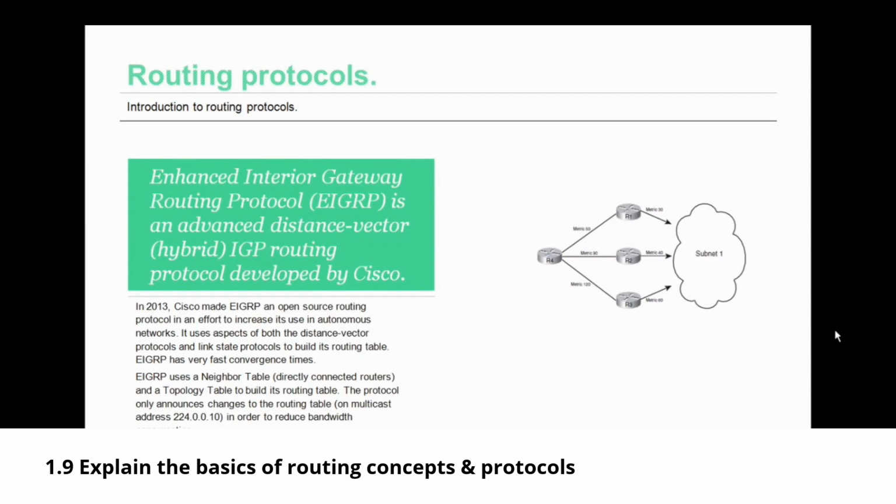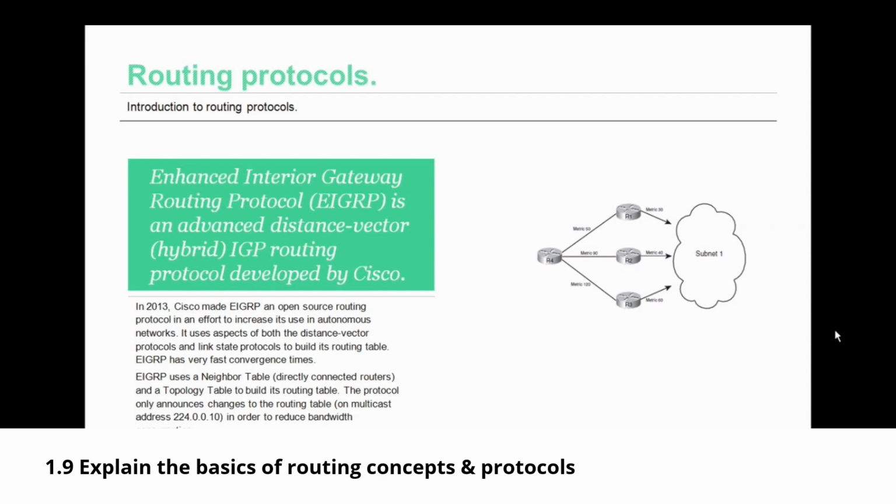As a special mention, I'm going to talk about Enhanced Interior Gateway Routing Protocol, EIGRP. It is an advanced distance vector, or hybrid, IGP routing protocol developed by Cisco. In 2013, Cisco made EIGRP an open source routing protocol in an effort to increase its use in autonomous networks. It uses aspects of both the distance vector protocol and the link state protocol to build its routing table.